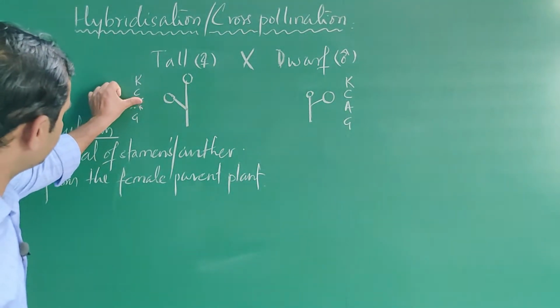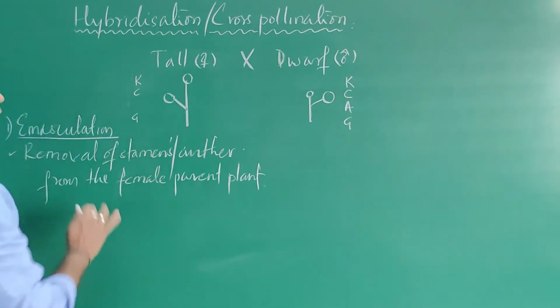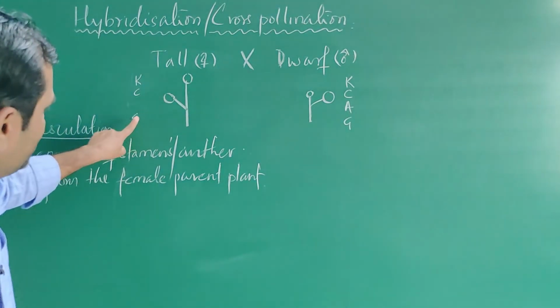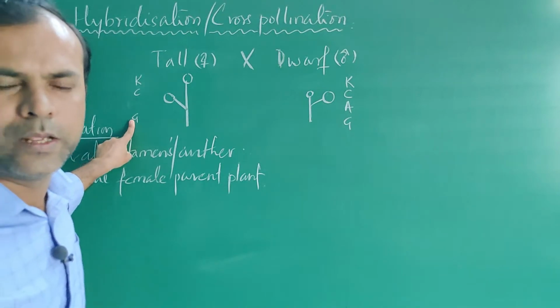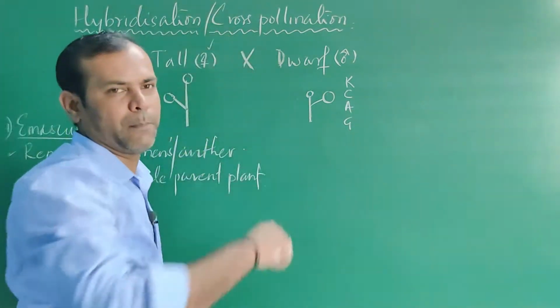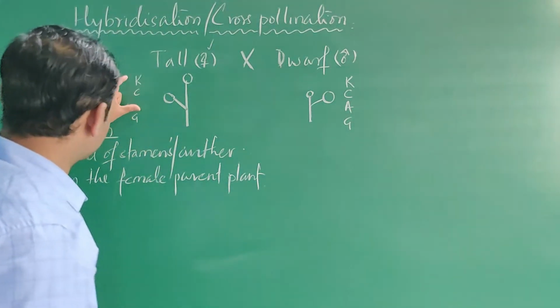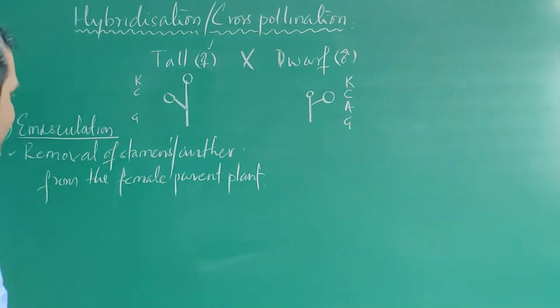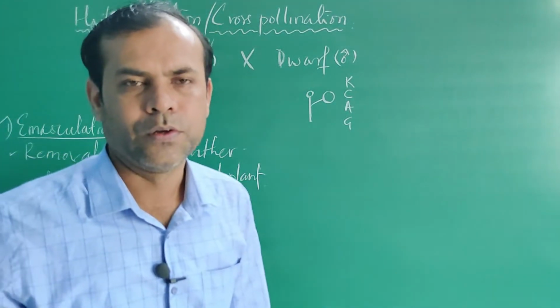So when you remove this, what is left with this plant is only gynoecium. So it has only female reproductive parts. That's why now it acts as female parent. Once you remove the anther, this technique is called emasculation.